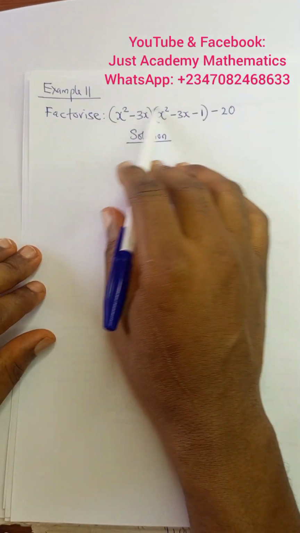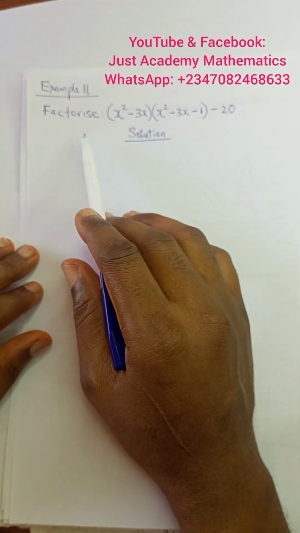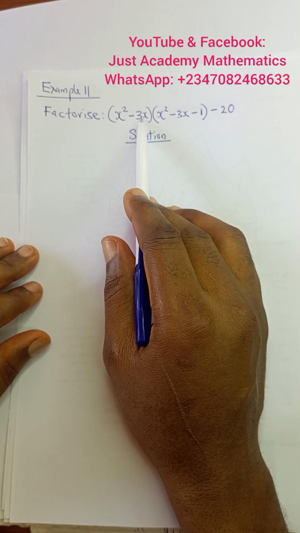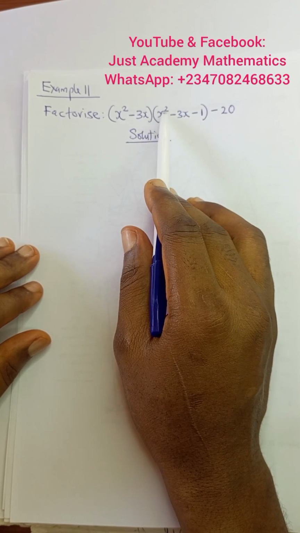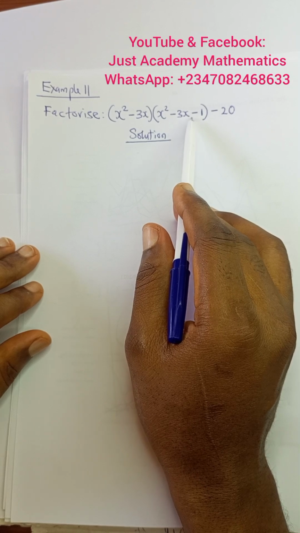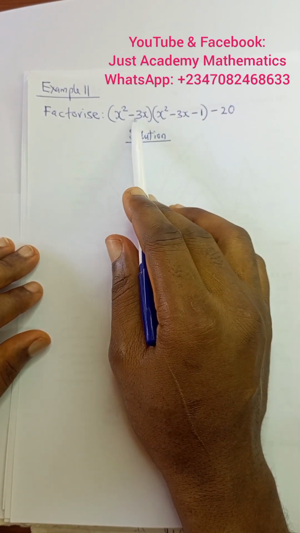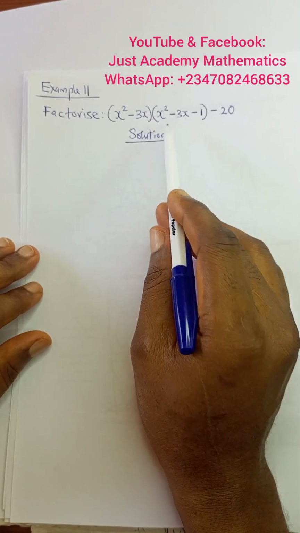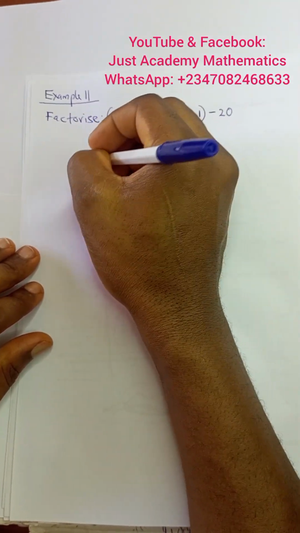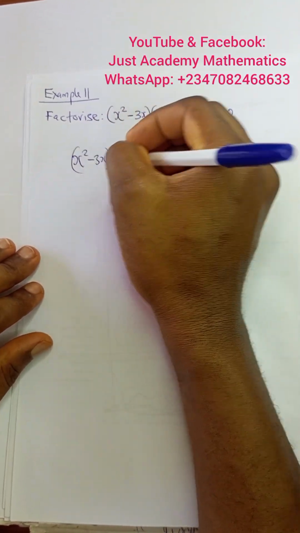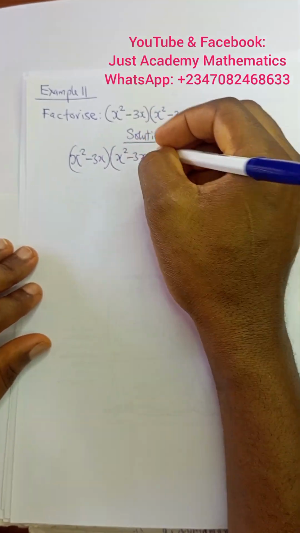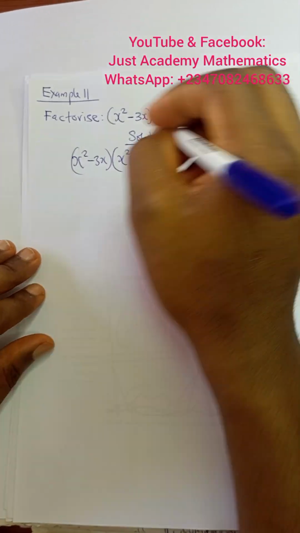If you look at this number 11, notice that x squared minus 3x is here, x squared minus 3x is here, regardless of the minus 1 here. So that is a pointer that there is something common first. In other words, I can write this as x squared minus 3x times x squared minus 3x minus 1, I'm repeating what is there, equals 20.